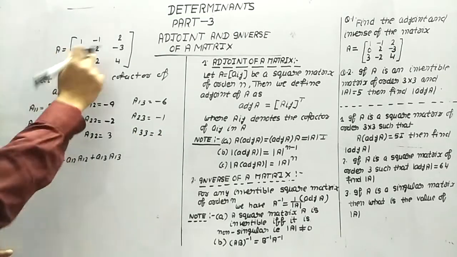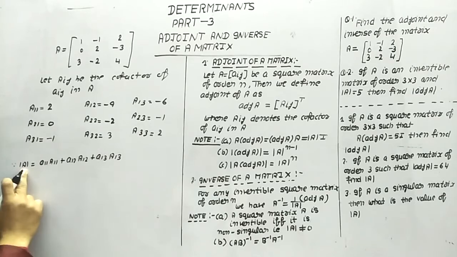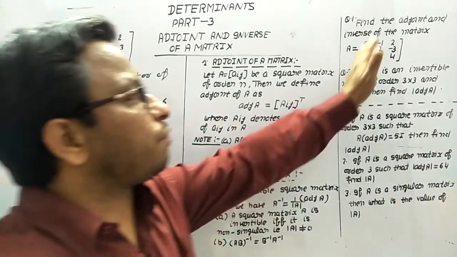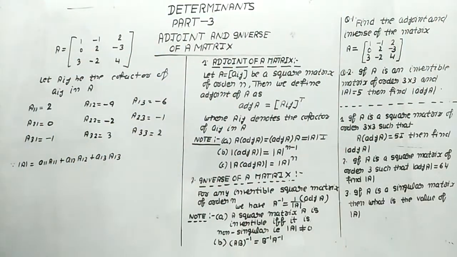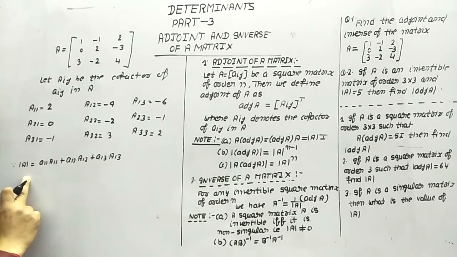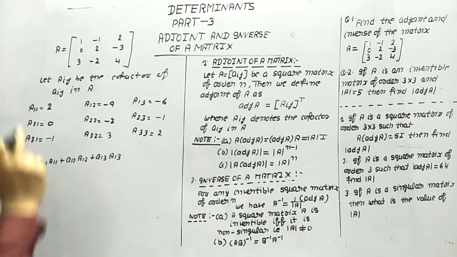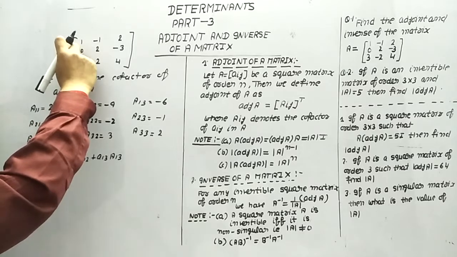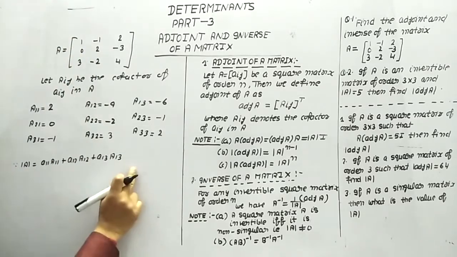Now, adjoint of A. First of all, we will calculate the determinant also, because in this question we have to find the inverse of the matrix also. Earlier I explained the rule: any row's elements multiplied by their cofactors give the determinant.